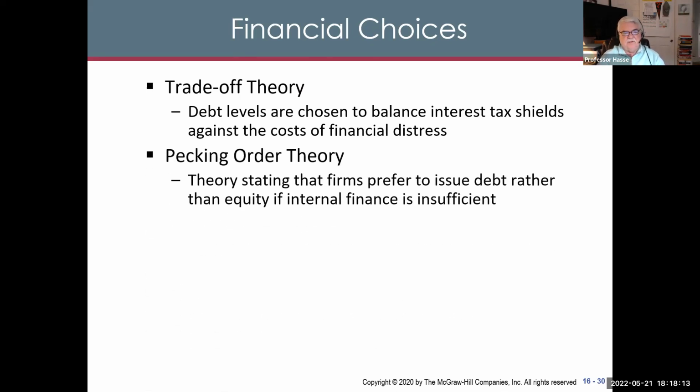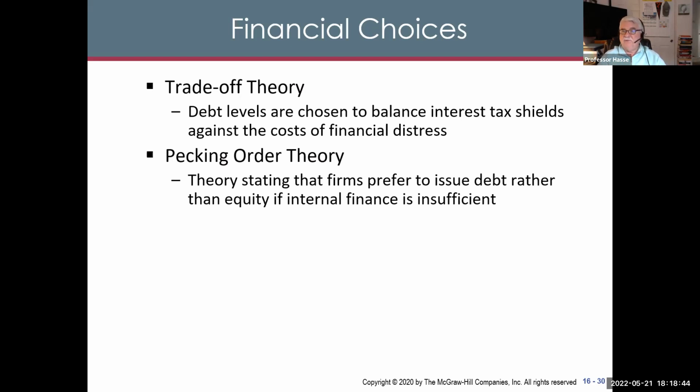Another is, it's kind of funny, but it's called the pecking order theory, that firms prefer to issue debt rather than equity if internal finance is insufficient. In other words, if we have to buy an asset and we can't buy that asset by the profits that we've made over the prior years, and we have that cash flow, and we can't buy that asset by accounts payable or short-term borrowing like 30-day financing, which would be nuts for large amounts of assets, what's the result?